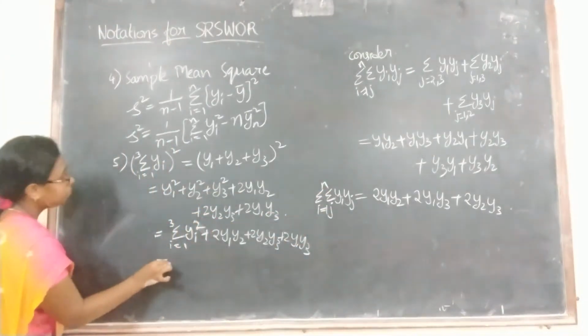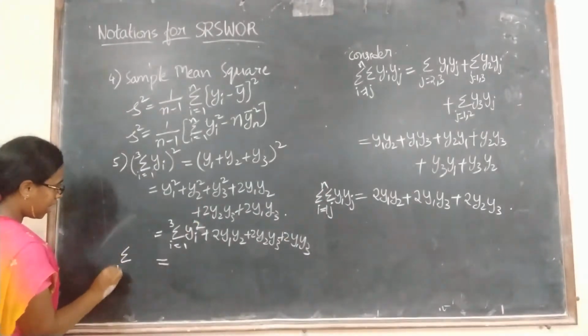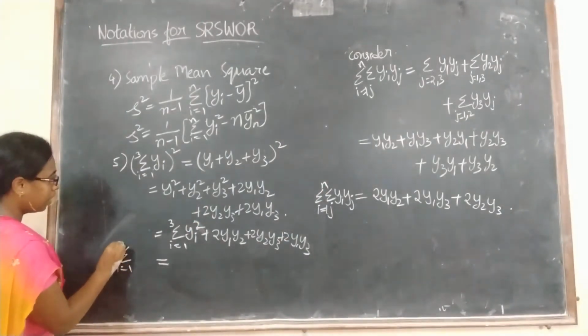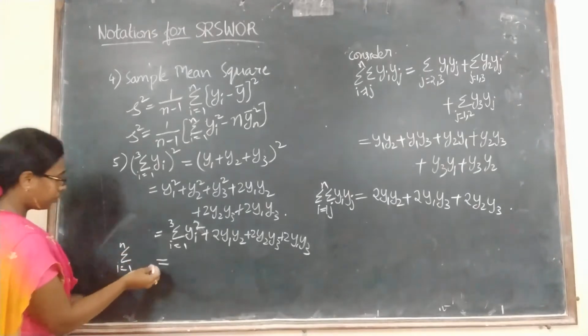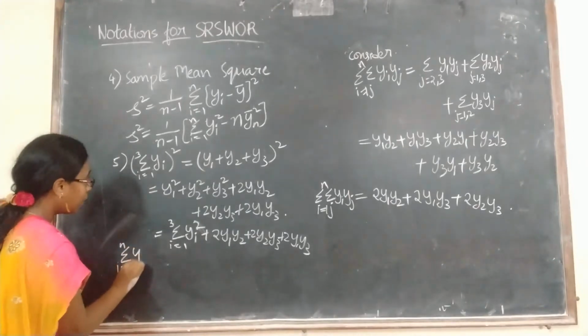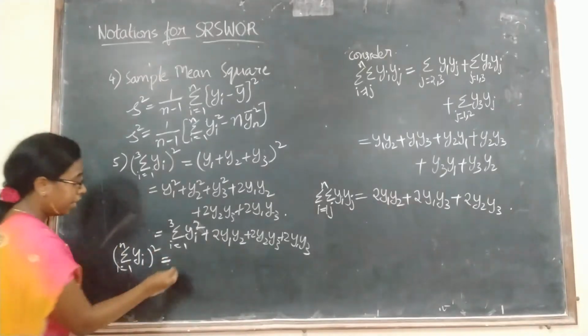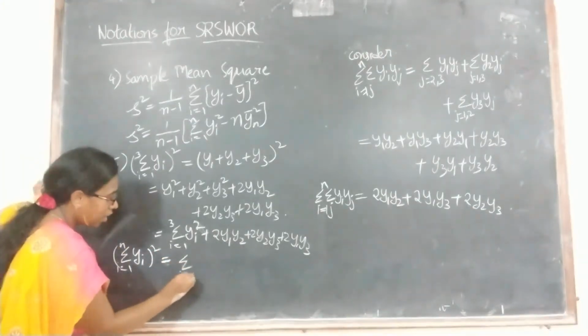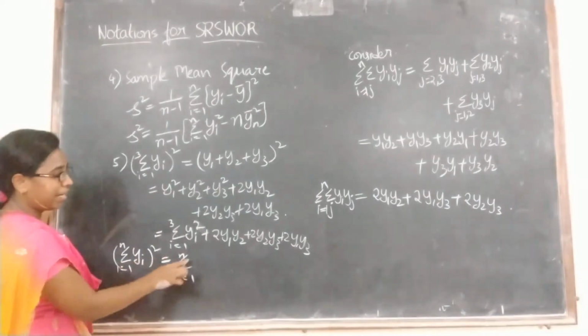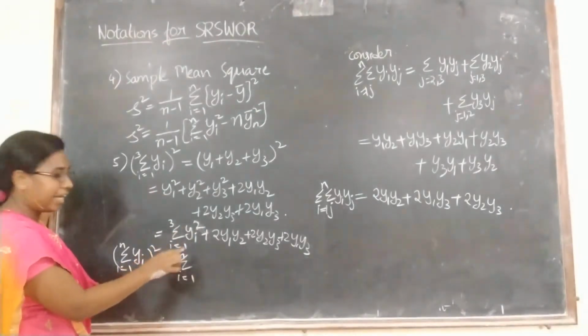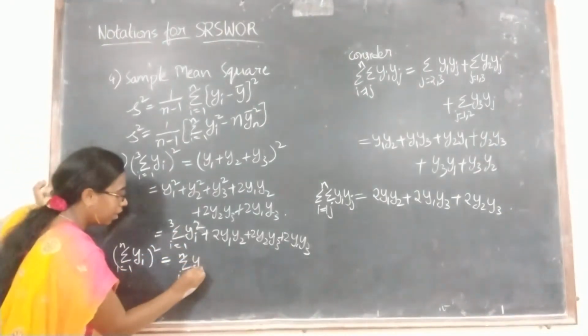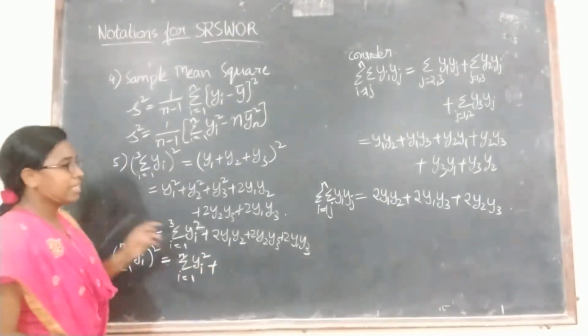So this summation i equals 1 to n yi whole square. If you have whole square, you can write it as summation i equals 1 to n. Here we are writing for 3 terms. If you are writing n terms, we will get up to n. yi square plus this term.